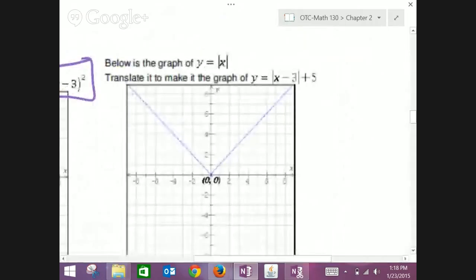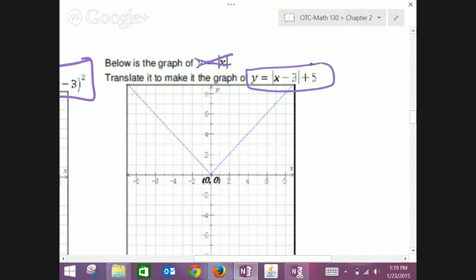Next, absolute value problem. So again, you might be expected to know what the absolute value of the function looks like, and then be expected to graph this. So know the absolute value function looks like this. So this point gets transformed over here.